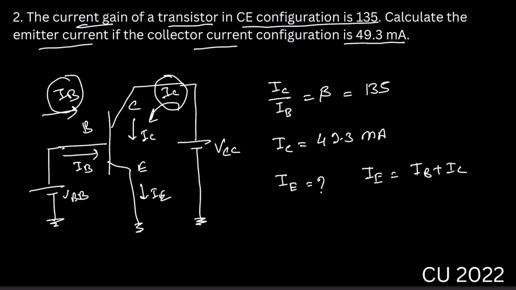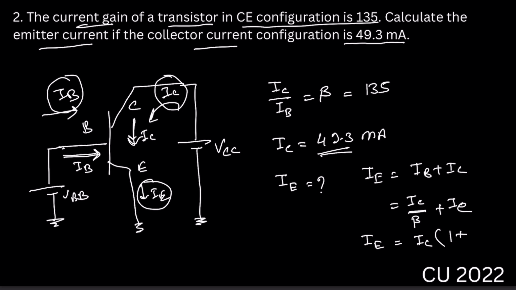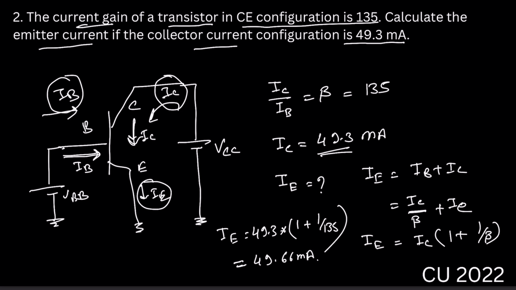So IB plus IC is equal to IE, using KCL. IE equal to IC divided by beta plus IC, so IE equal to IC common, 1 plus 1 by beta. If we put the values here, IE equal to 49.3 milliampere multiplied by 1 plus 1 by 135, which is equal to 49.66 milliampere. So this will be the value of IE.